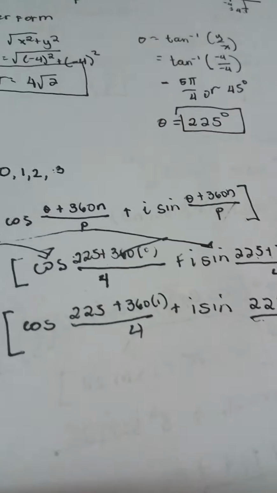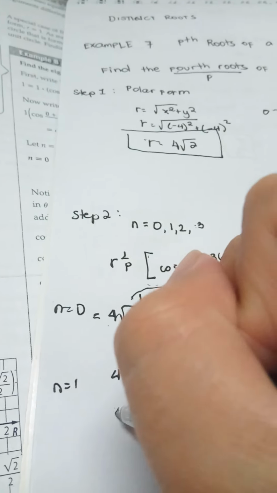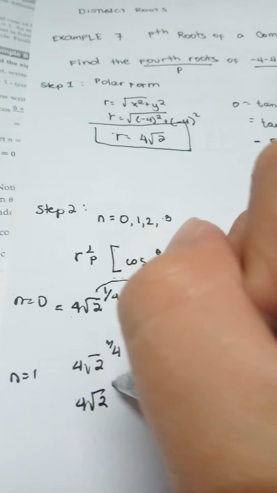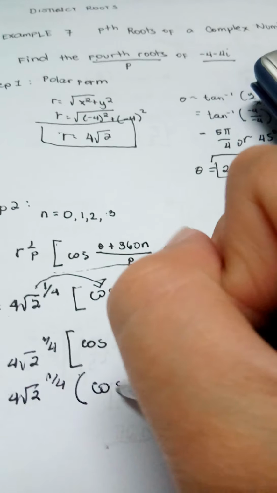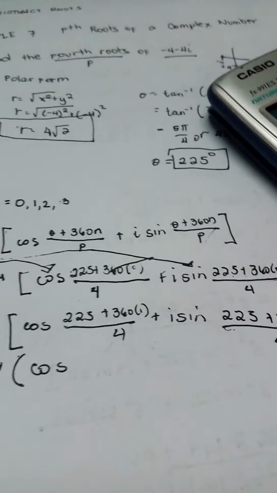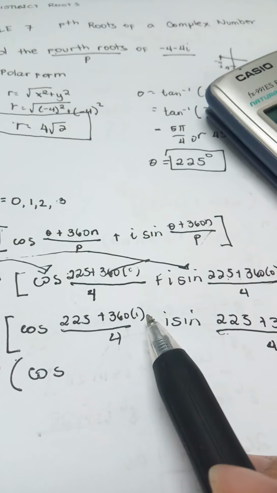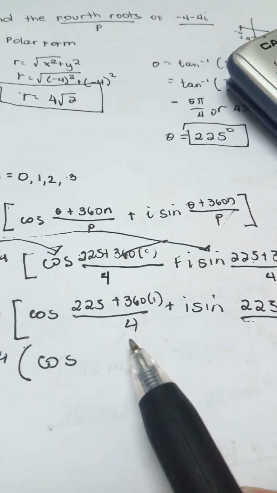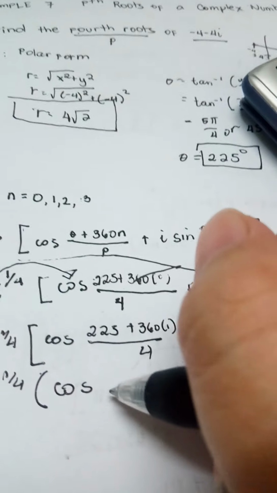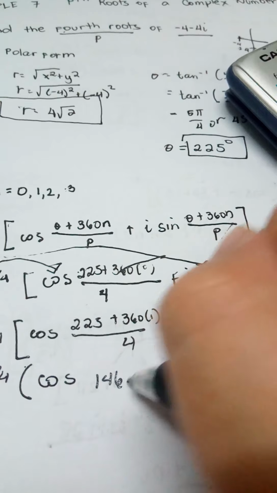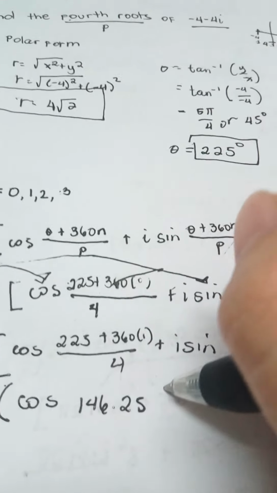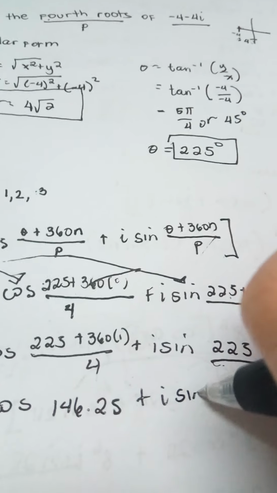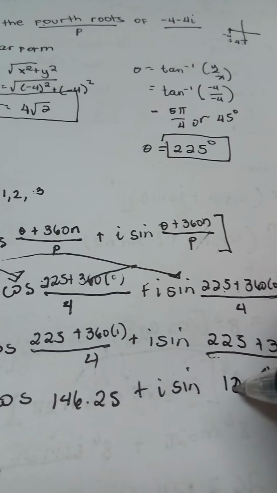I will simplify this. So 4 the square root of 2 to the power of 1/4, then parenthesis cosine. It's better if I simplify all of this. So 360 times 1 plus 225 divided by 4 is 146.25, plus i sine 146.25.